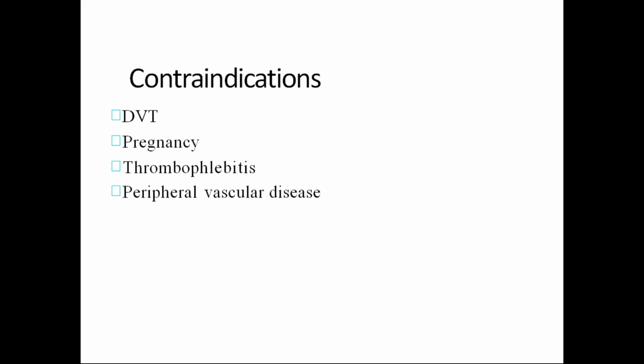The contraindications are deep vein thrombosis, which we have to keep in mind, as DVT is both a risk factor and a complication of varicosities and also a contraindication for open surgeries. Others are pregnancy, thrombophlebitis, and any peripheral vascular diseases.